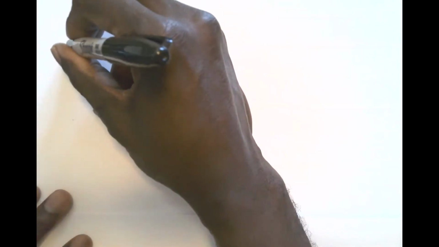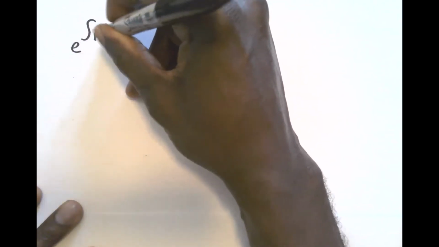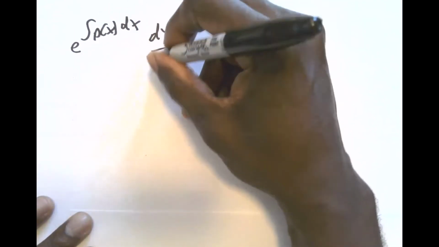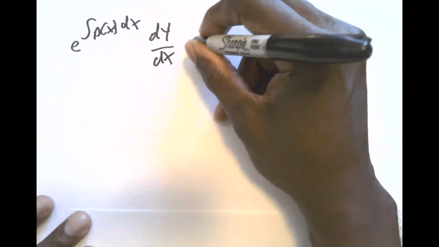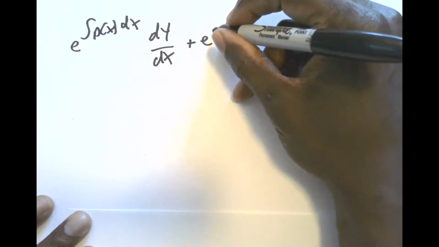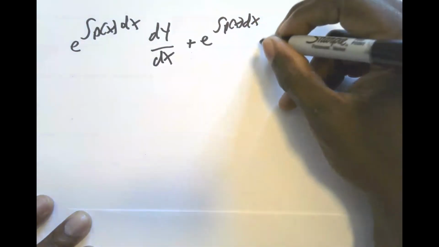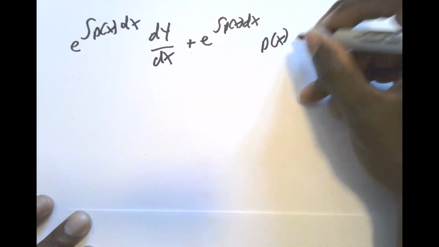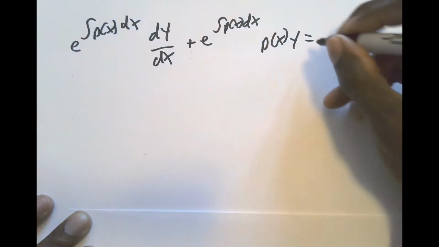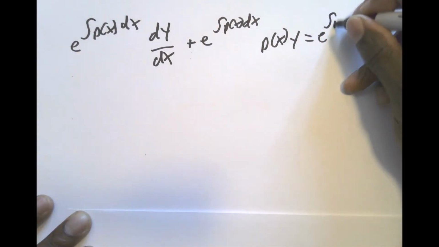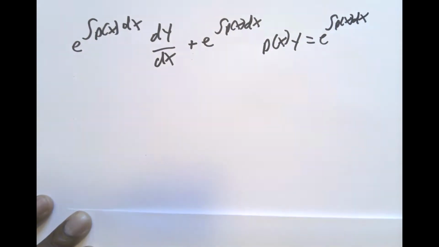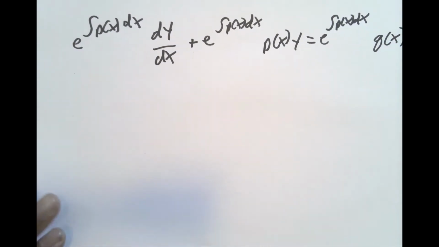So the expression is e to the power of the integral of p of x dx times dy/dx plus e to the integral of p(x) dx times p of x y equals e to the power of the integral of p of x dx times q of x. All right.